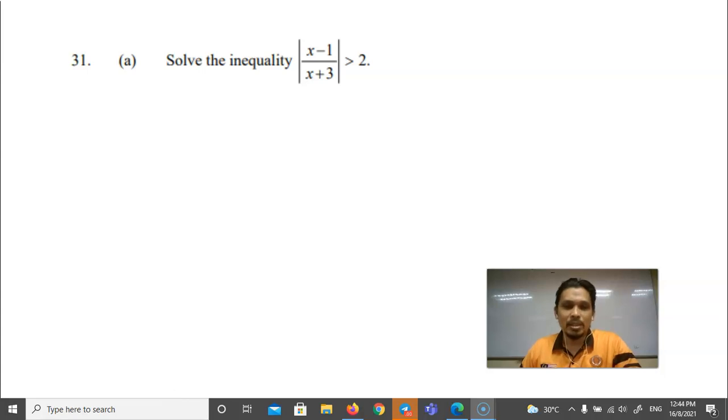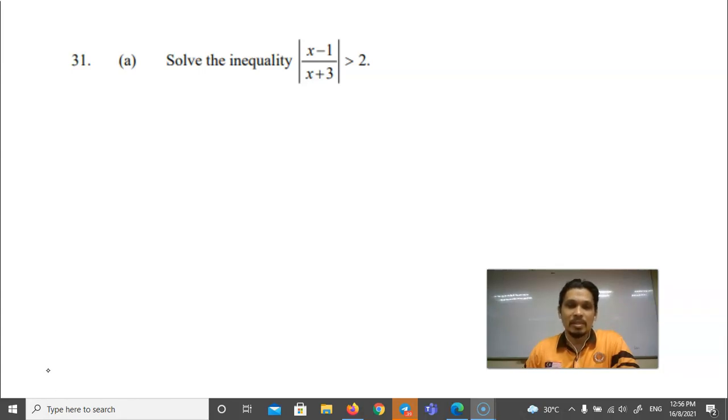Okay, so for this one here now, we have the absolute value of this greater than 2, option number 1. For question 31, I'm going to use the definition of absolute values. For the absolute value of x minus 1 divided by x plus 3 greater than 2, just now we used cross multiply and also squaring left and right.